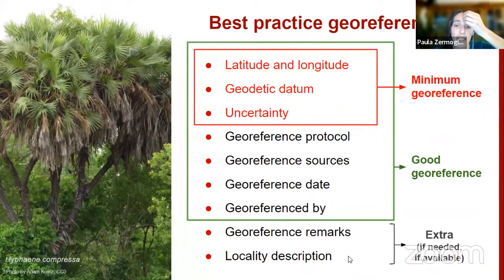Of course, we always have to keep the original information. But this locality description does not make up a georeference. It's very useful. It is very important that we learn how to provide a good locality description. But for the georeference, these are the elements that are needed.